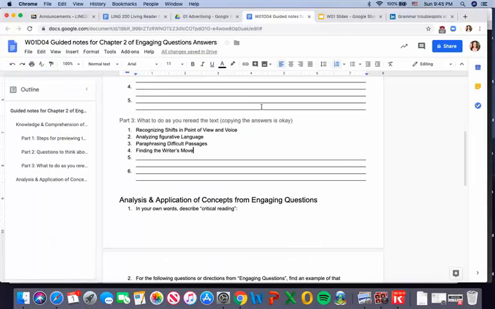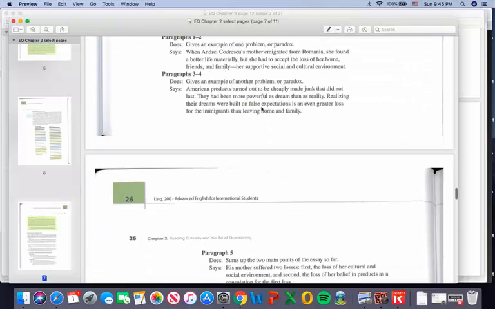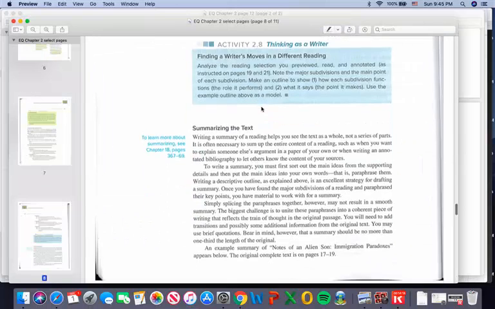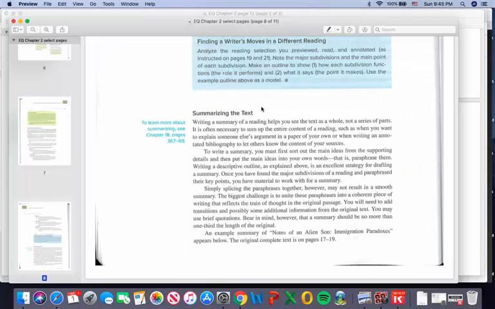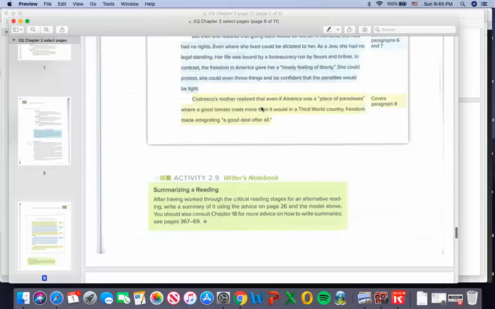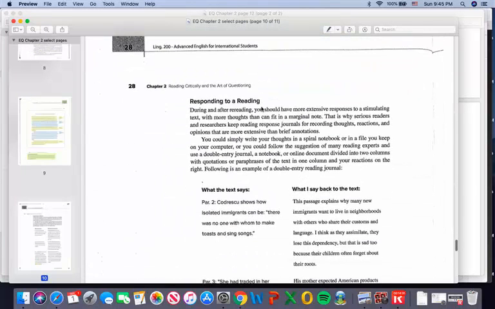Writer's moves in a text. And then next one is summarizing the text. And then we've got our last one, which is responding to a reading.